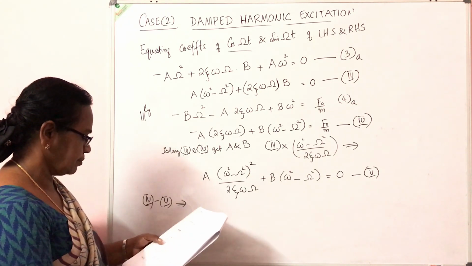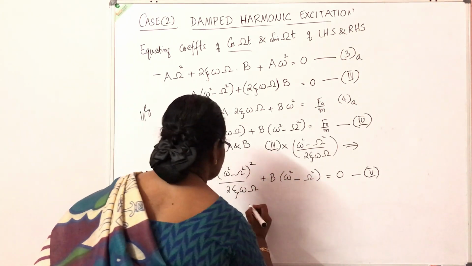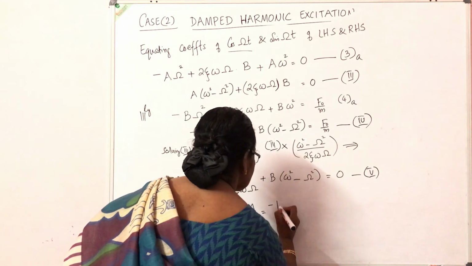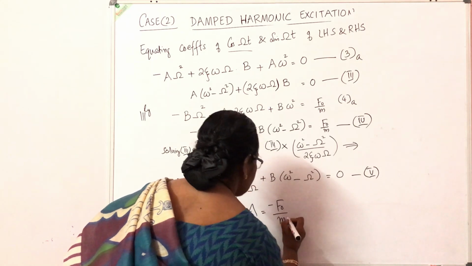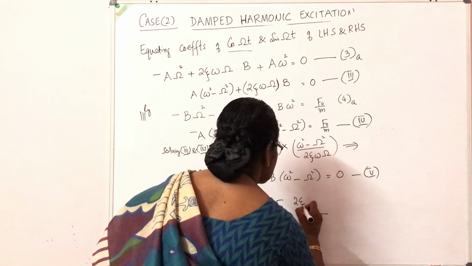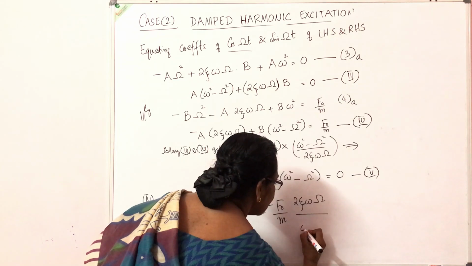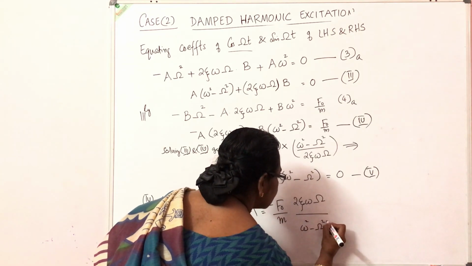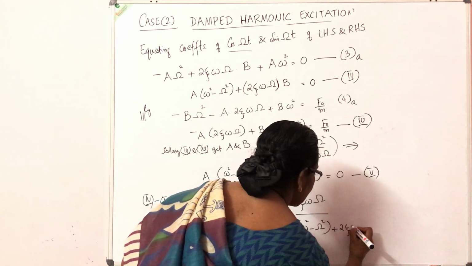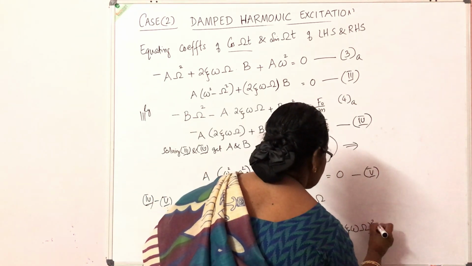Taking 4 minus 5, we will be getting A is equal to minus F0 by M, 2 psi omega capital omega divided by (omega square minus capital omega square) the whole square plus (2 psi omega capital omega) the whole square.